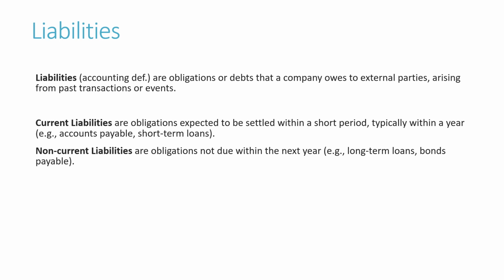Examples include accounts payable, money owed to suppliers, and short-term loans. Non-current liabilities consist of obligations not scheduled for repayment within the upcoming year. Examples include long-term loans and bonds payable.